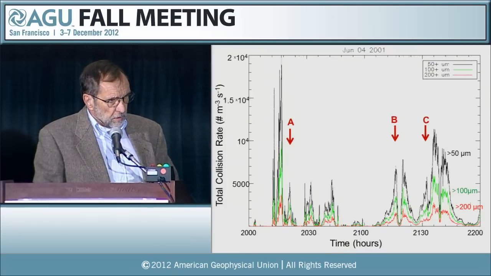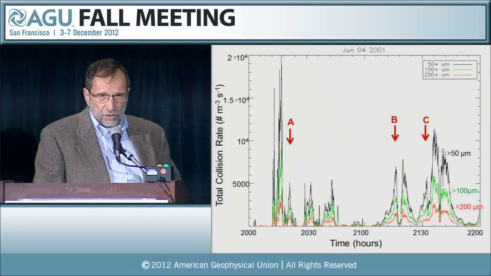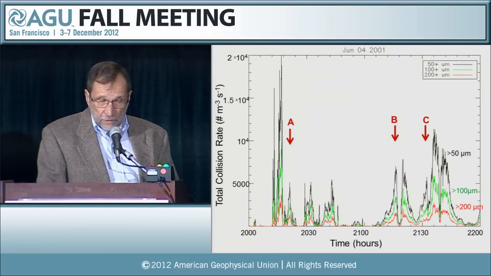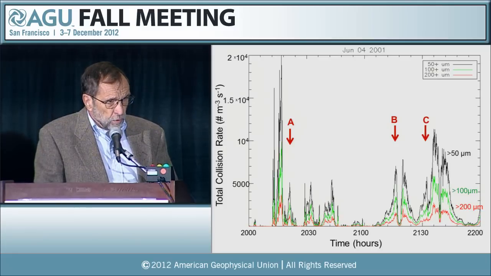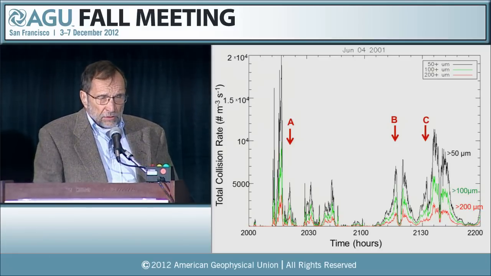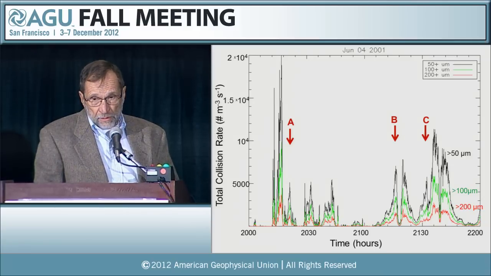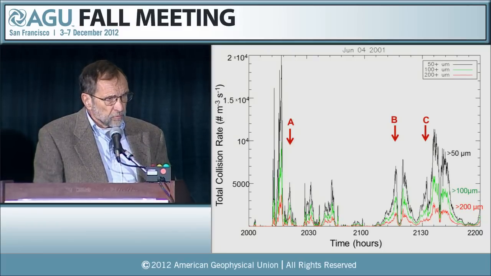Now, this is looking at the total collision rate of these spectra over the 2-hour time period of the aircraft observations. And for this calculation, I've assumed 3 different things. I've looked at the spectrum with particles greater than 50 microns, greater than 100 microns, and greater than 200.